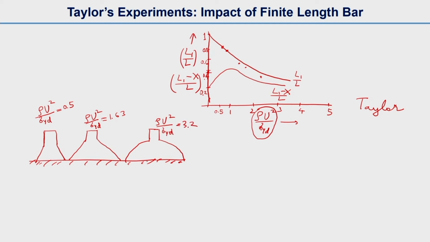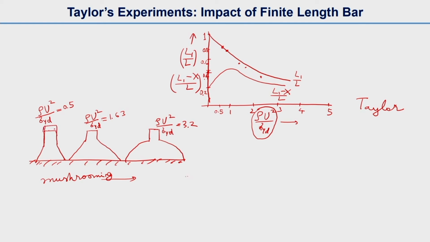This is what we call the mushrooming effect. The shape of the bar will look like this, although it is not exactly correct, so maybe the first one we can draw a little longer.